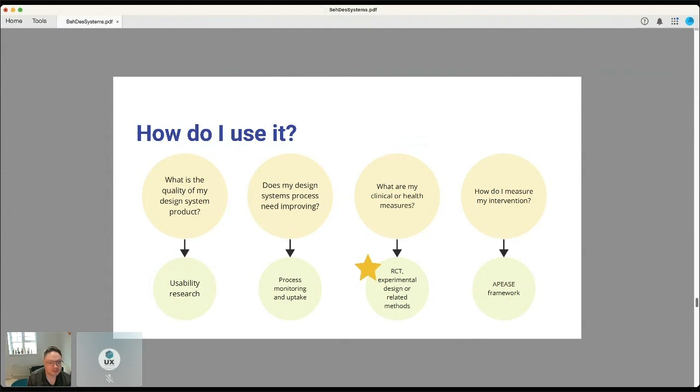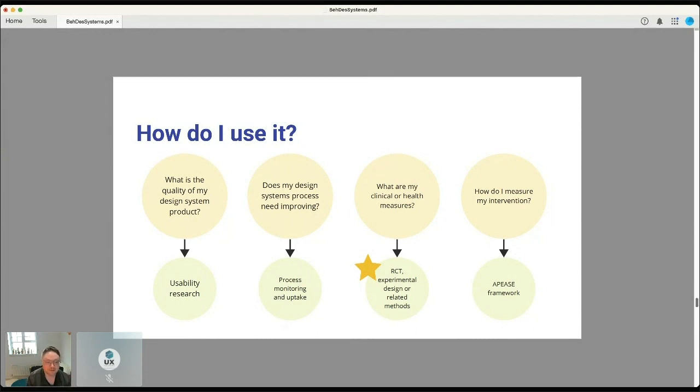So for example, what is the quality of my design system product? Well, the obvious answer to that is, do some usability research. I'm not saying that is the only way to do it, but it's been a successful way for me professionally from a product perspective. But we also need to measure our process as well when it comes to this. So does my design systems process need improving? Does my behavioral science process need improving?